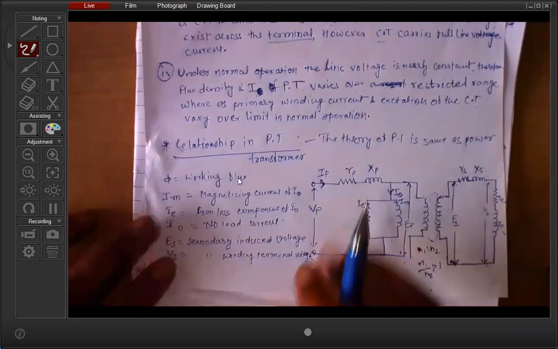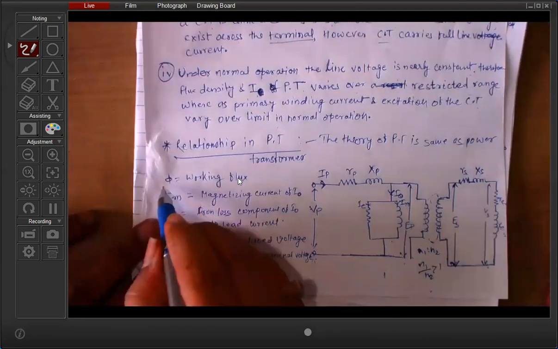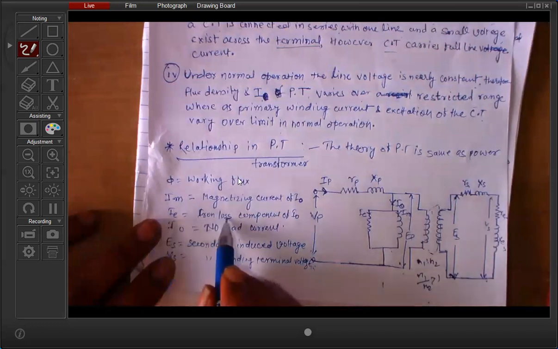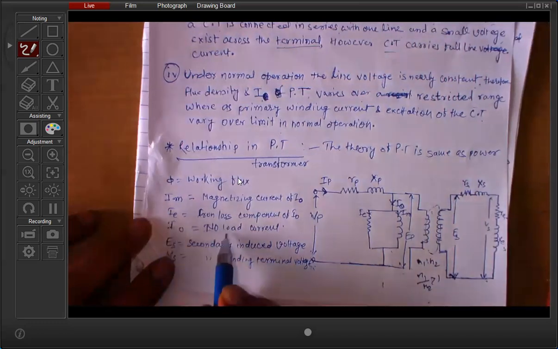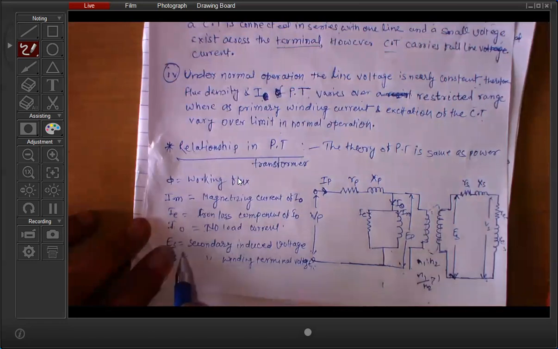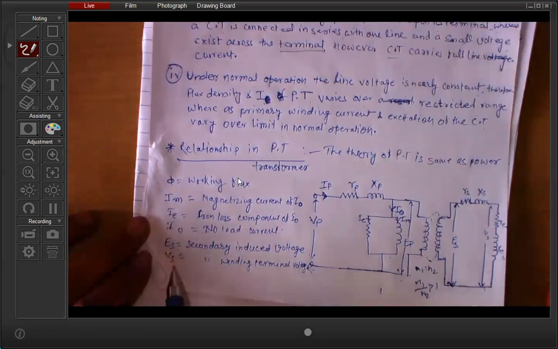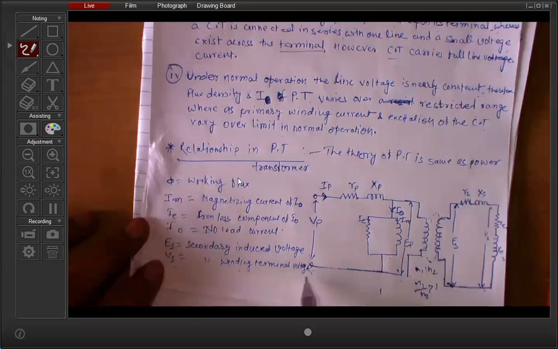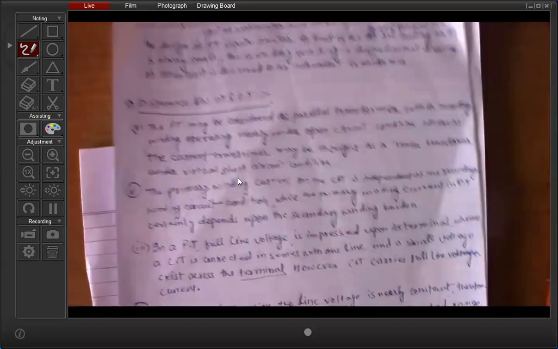Now we have to define some variables. Phi is the working flux, IM is the magnetizing current, IE is the iron loss component, I naught is the no load current. ES is the secondary induced voltage, and VS is the secondary winding terminal voltage.